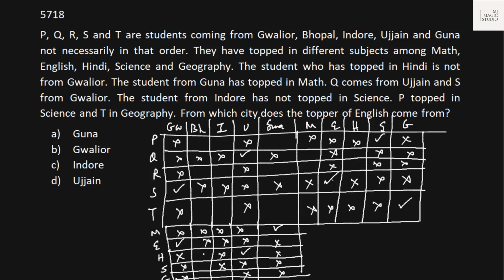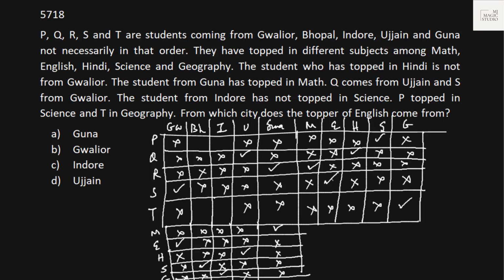Still, we have scope to complete the grid. Yes, we have scope. Jain person has topped in Hindi. Q has topped in Hindi. We have scope. R has topped in maths. Maths topper is from Guna.